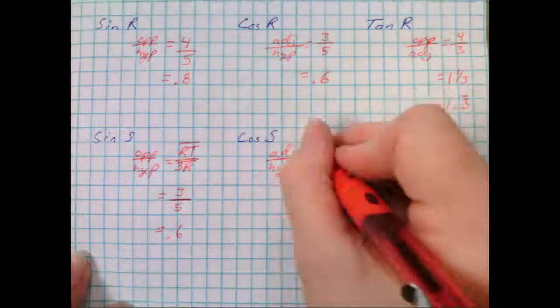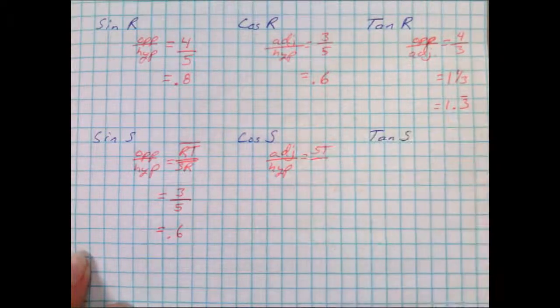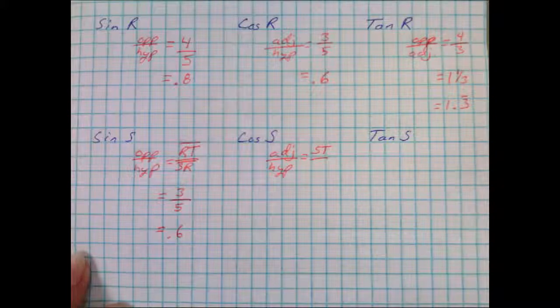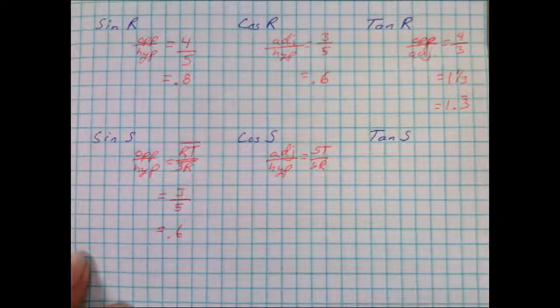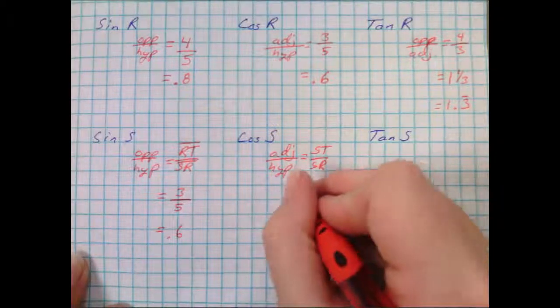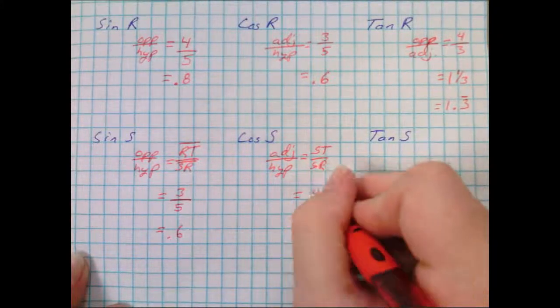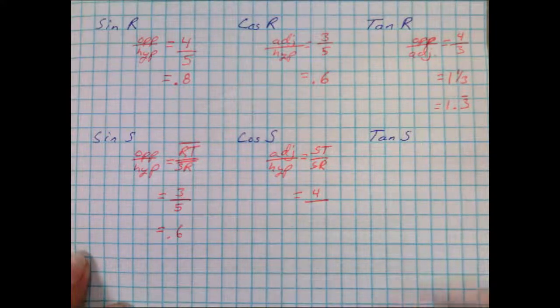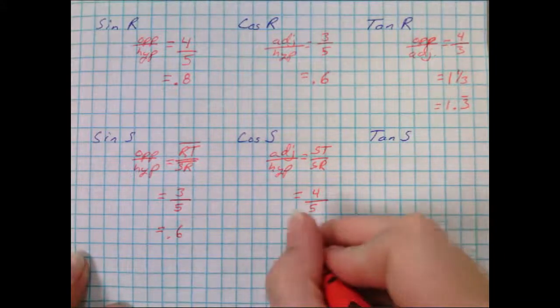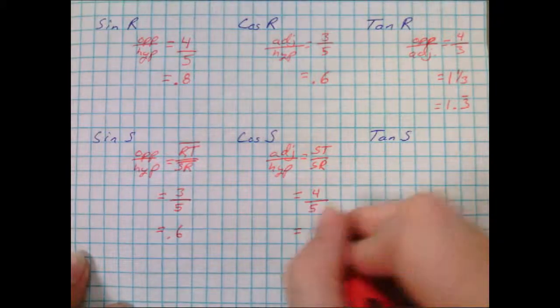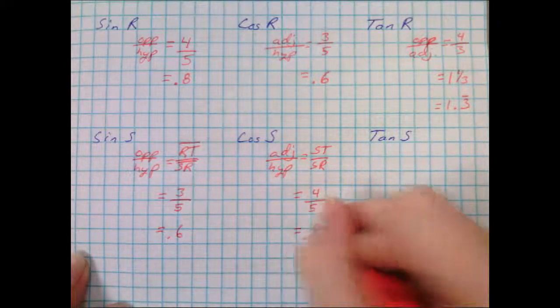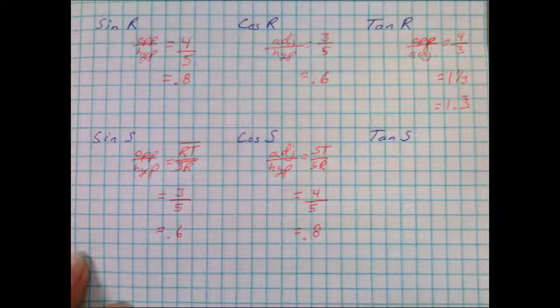That would be ST. And the segment that makes up the hypotenuse would be SR. What is the value of ST? ST is 4 and SR is 5. We punch that into our calculator if you need to. 4/5 would be the same as 0.8 or 8/10.